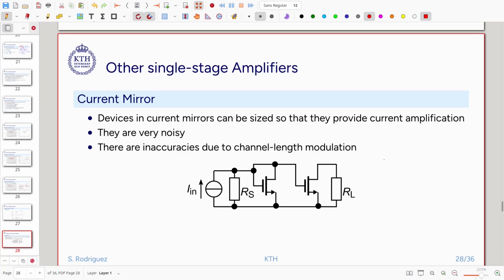So very quickly, in a current mirror we have one transistor that is the reference transistor. It is diode connected. We call this a diode connection, and then we have a reference current here.